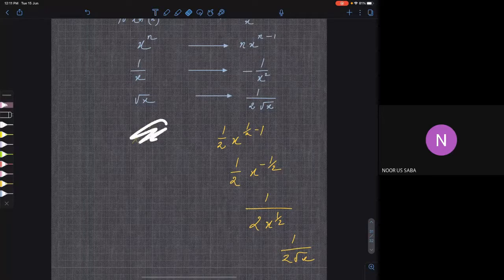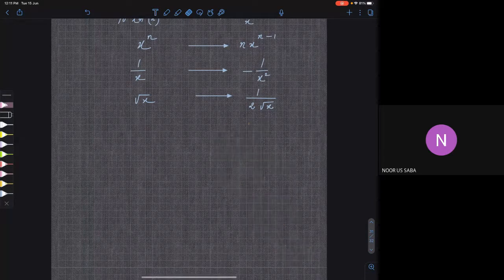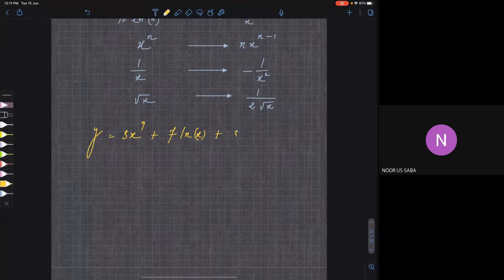Okay, let me proceed with some examples. The examples are like this. Suppose y equals x power 3 into x power 9 plus 7 natural log of x minus 5 sin x.